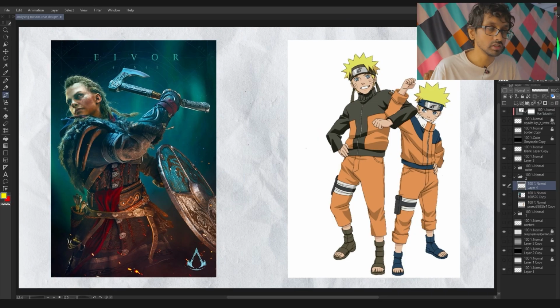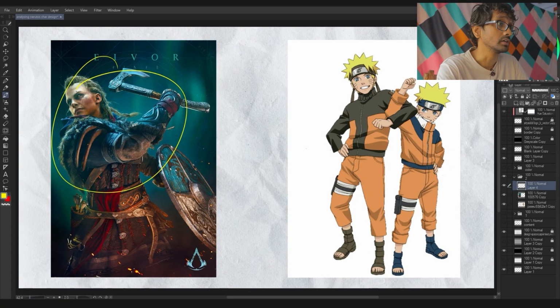Not only is it difficult to paint or draw, but it is also difficult to animate. In 2D animation you cannot do this because it would take hundreds of years to paint so much detail in so many frames. That is why they use 3D animation in games and movies.